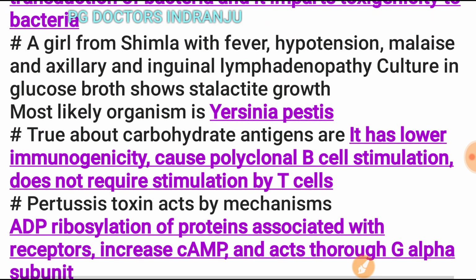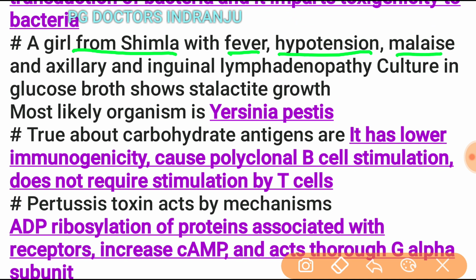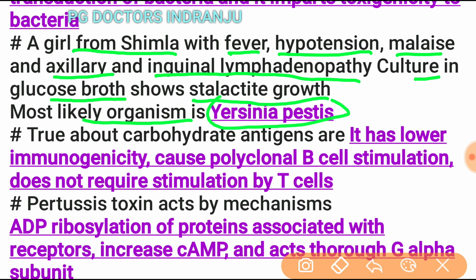The next question: a girl from Simla with fever, hypotension, malaise, axillary and inguinal lymphadenopathy, culture in glucose broth shows stalactite growth. The most likely organism is Yersinia pestis.